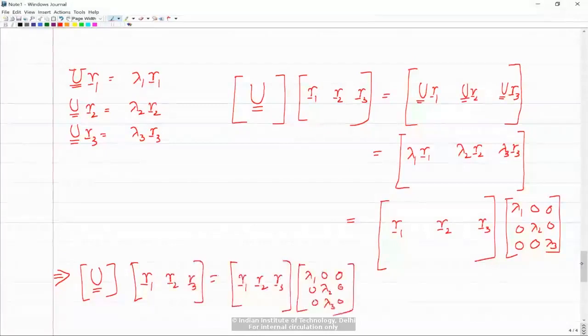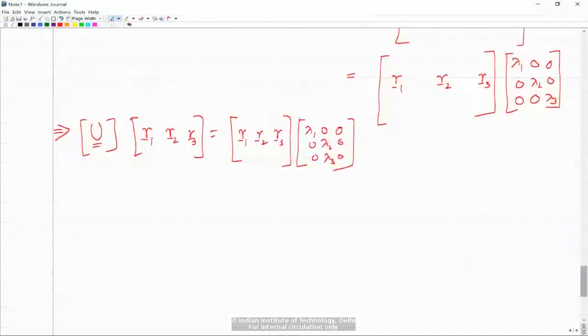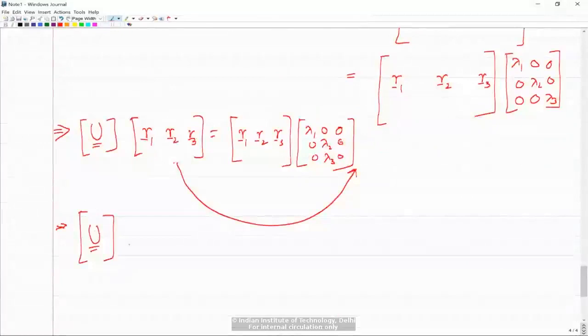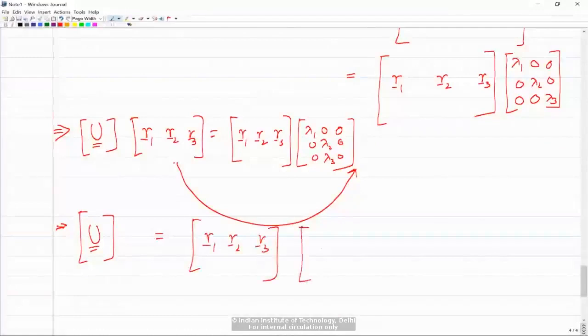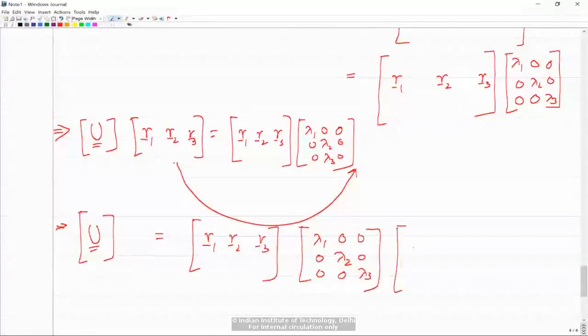And then I just want to bring it on the other side, just post multiply with the inverse, right? That means U equal to R1, R2, R3 into the diagonal matrix of lambda 1, lambda 2, lambda 3, into this inverse matrix.